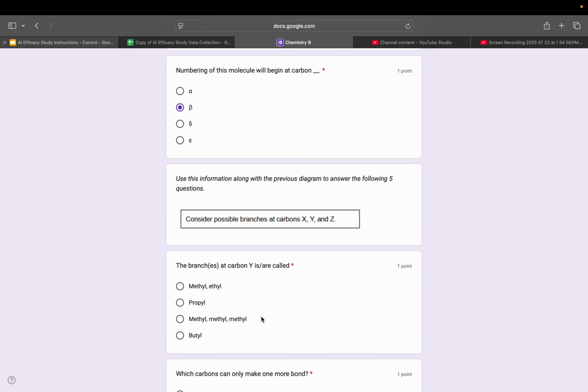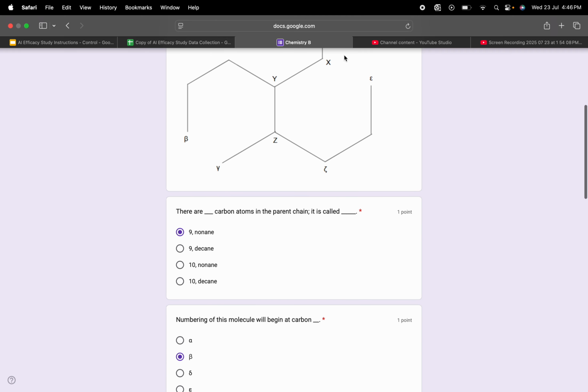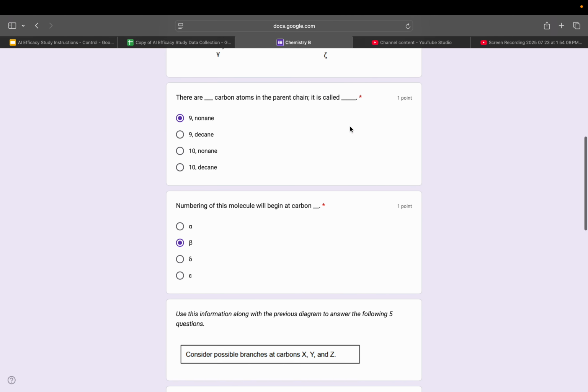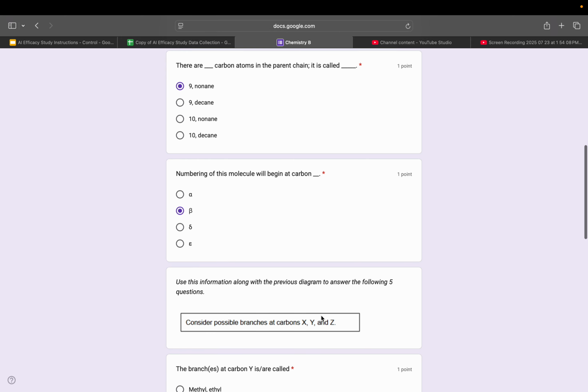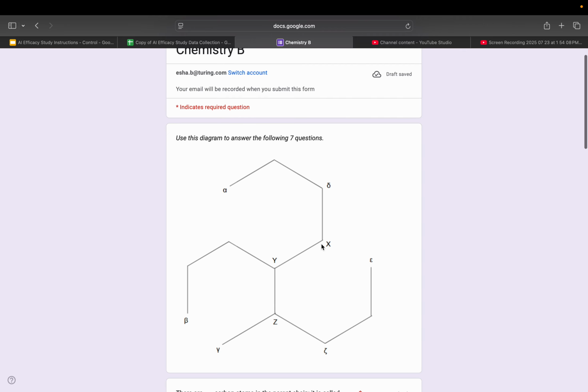Now use this information along with the previous diagram to answer the following 5 questions. Consider the possible branches at carbon X, Y, Z. I'm hoping that there will be additional carbons at X, Y, Z. The branch at carbon Y will be called Y. If I add something called CH3 here, a carbon needs to have 4 valence bonds to be balanced.